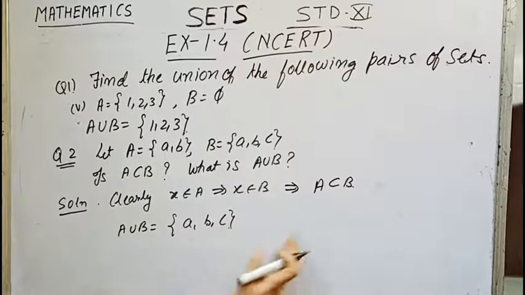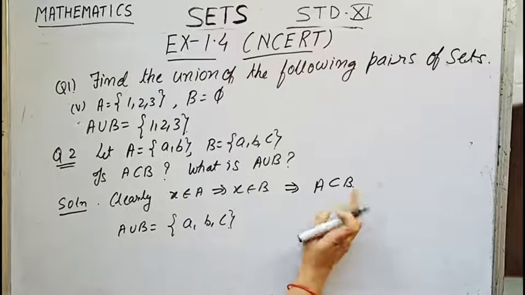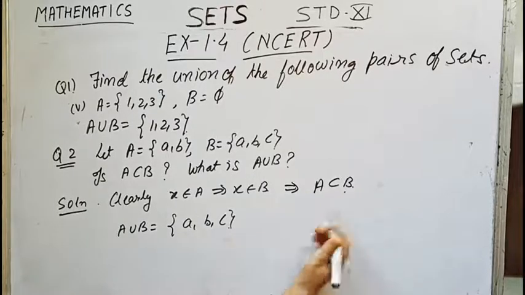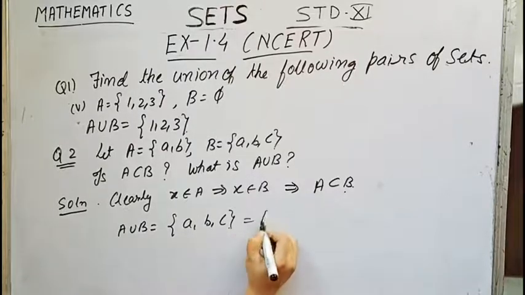So take care, whenever A is a subset of B, their union will always be the bigger set. So over here A union B is coming as the set B.